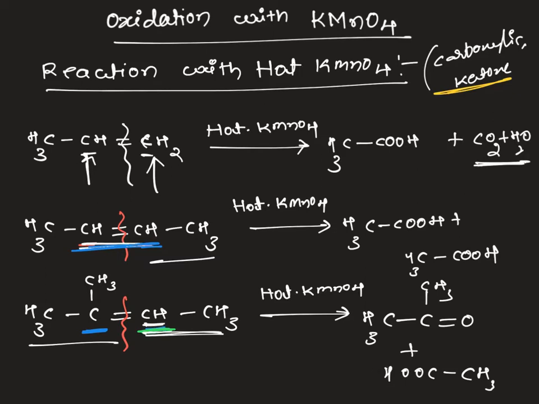This CH is converted into carboxylic acid. So whenever we react alkenes with hot KMnO4, they are converted into carboxylic acids and ketones, and whenever formic acid is formed, it is converted into CO2 and water.